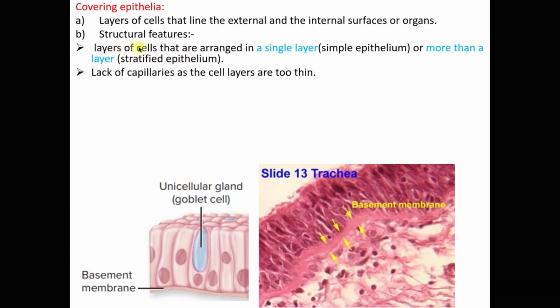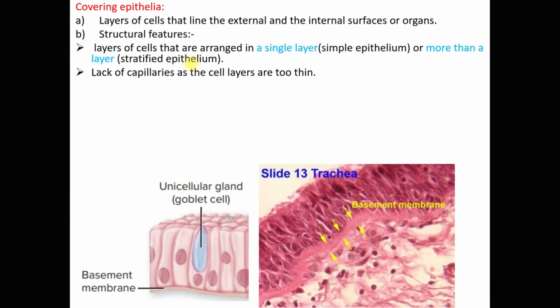If the cells are arranged in a single layer, they are known as simple epithelium. If they are arranged in more than one layer, they are known as stratified epithelium. So covering epithelia are further divided into simple epithelium and stratified epithelium.